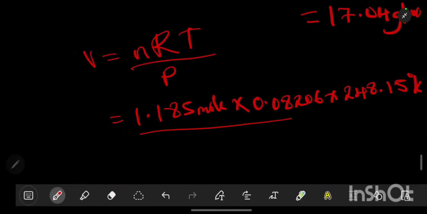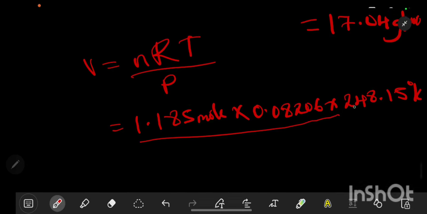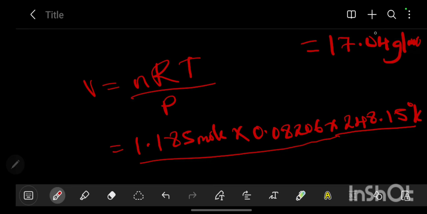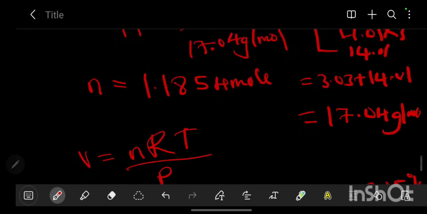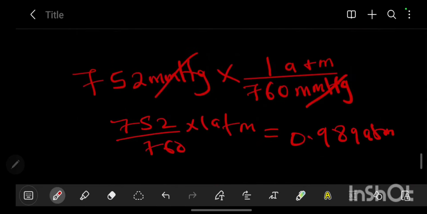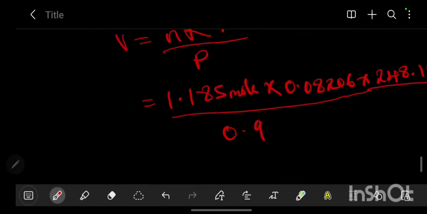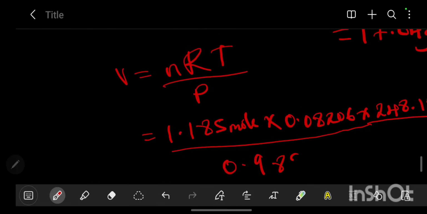Then we divide this over the pressure, which we found to be 0.989 atm, like that.